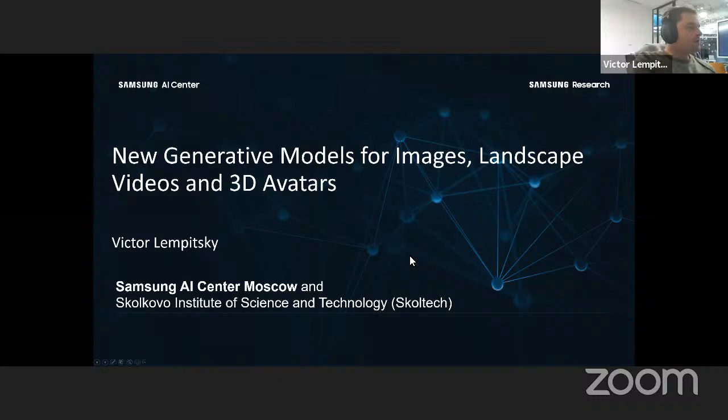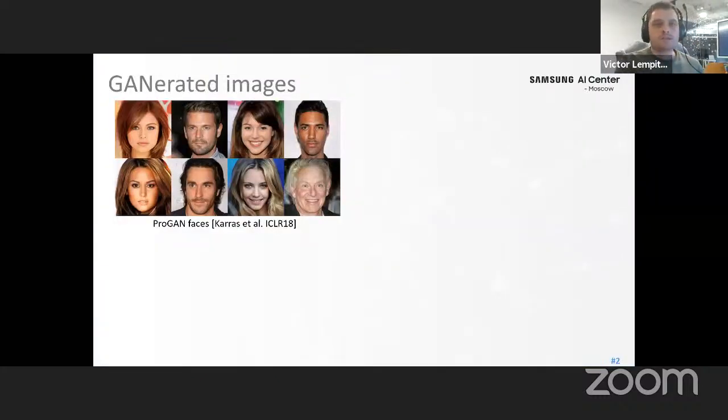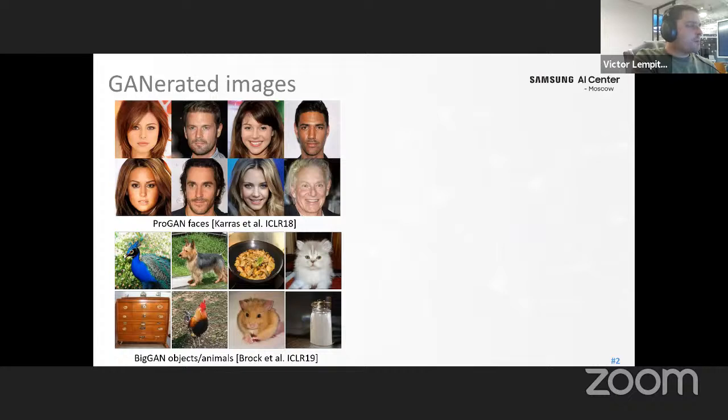Like you all know, there has been amazing progress in this area. People have developed really good working GANs for 2D images, which work at high resolution and can model really complex types of images.